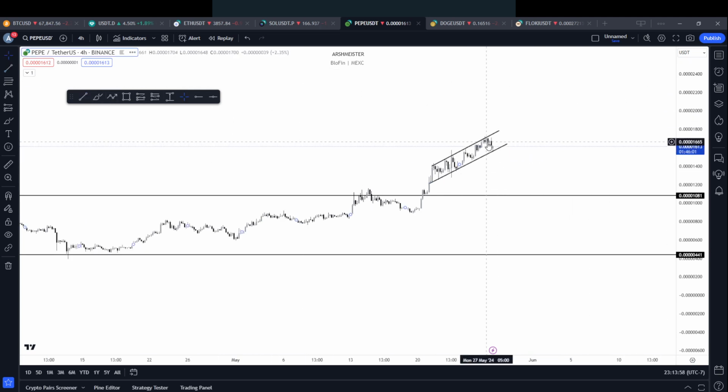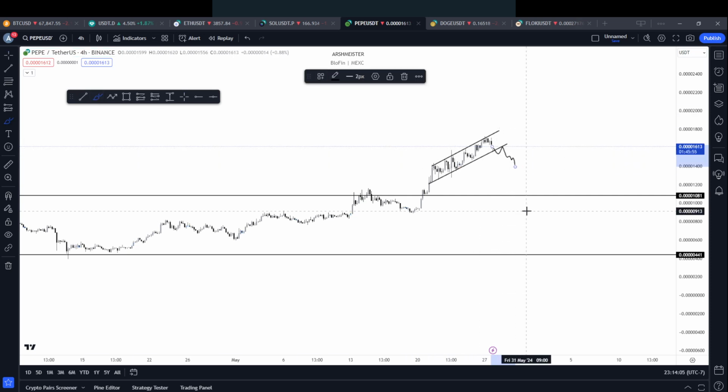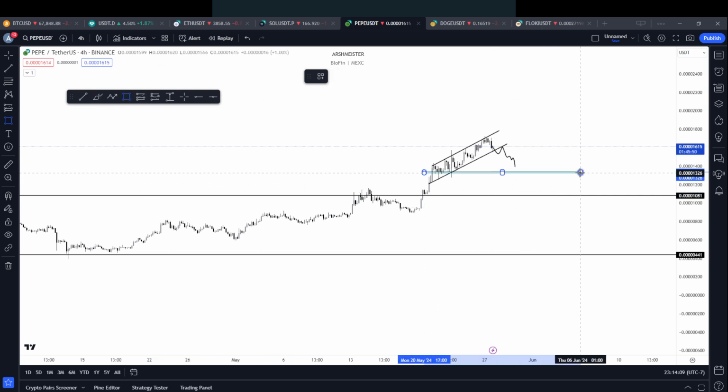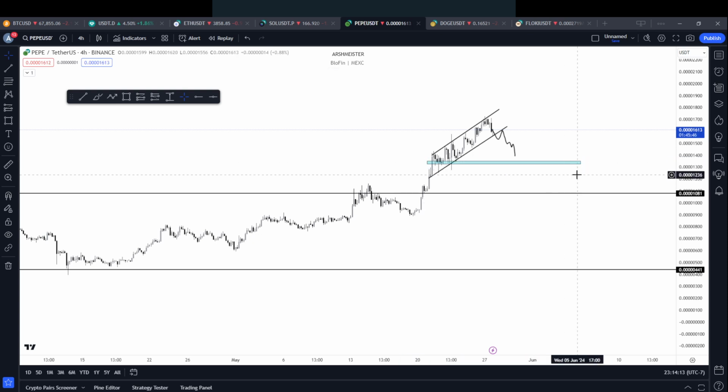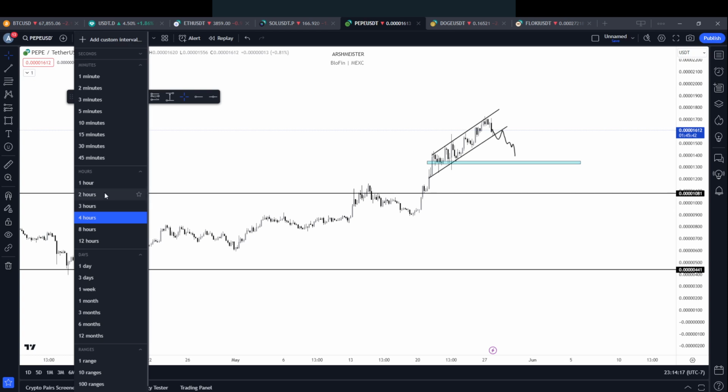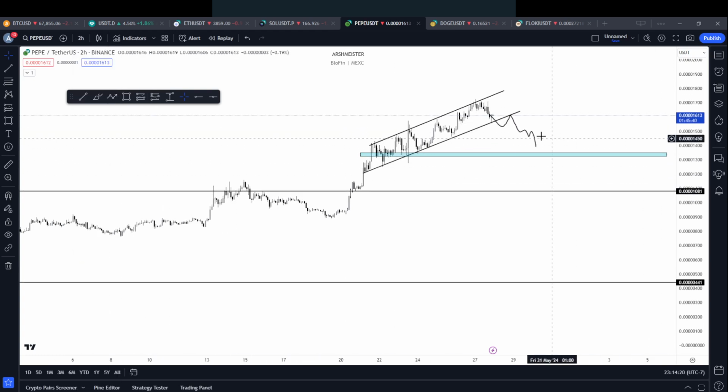Now, if this were to break down, retest, and reject, then you're looking for lower levels. The first level that you're going to be looking for is this support area. Again, you'd probably have to go to a lower time frame, but it's still making higher highs and higher lows, meaning the uptrend is intact.